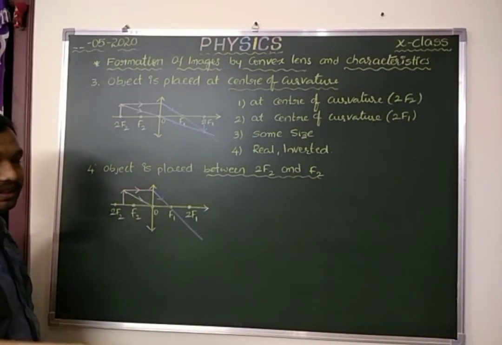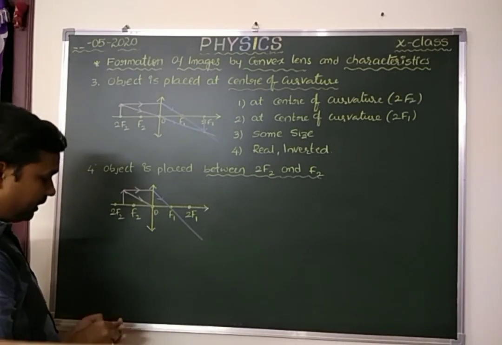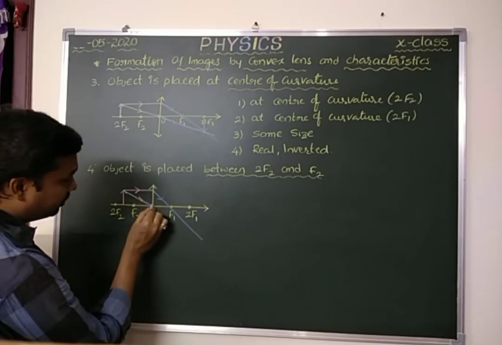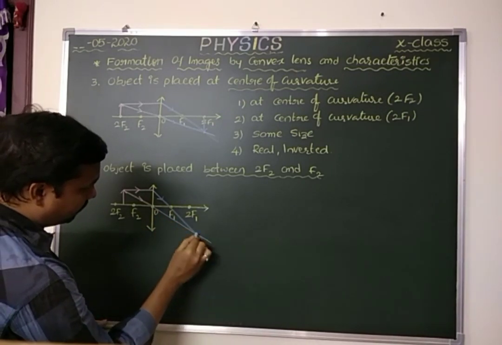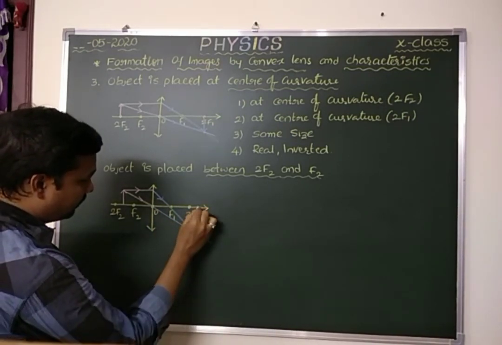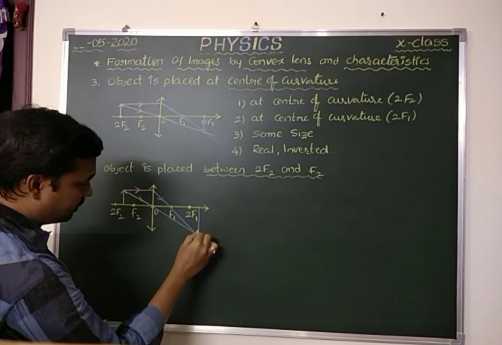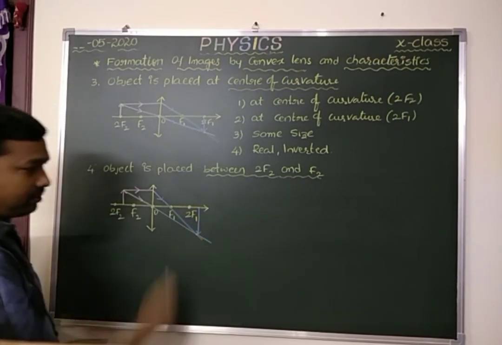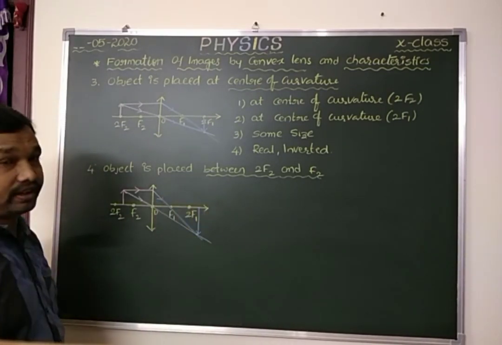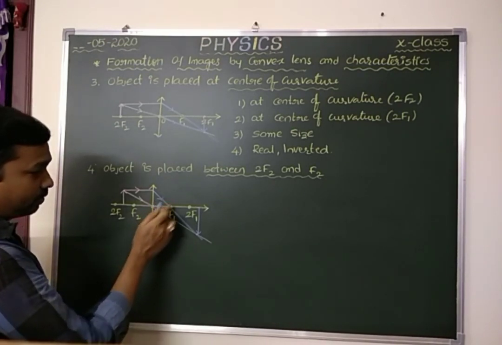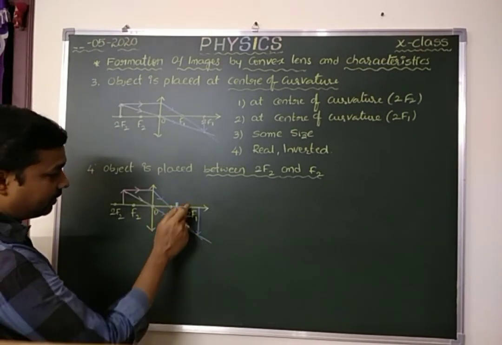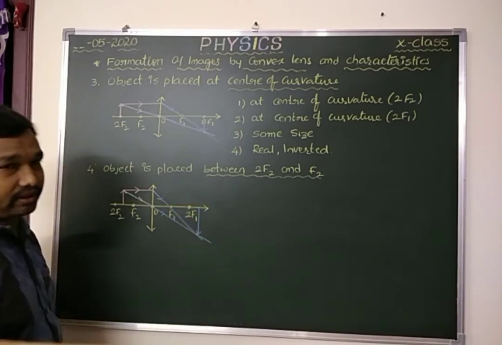It will move like a straight line. We are getting the image at this point beyond center of curvature. These are the two light rays which are refracting beyond the center of curvature.